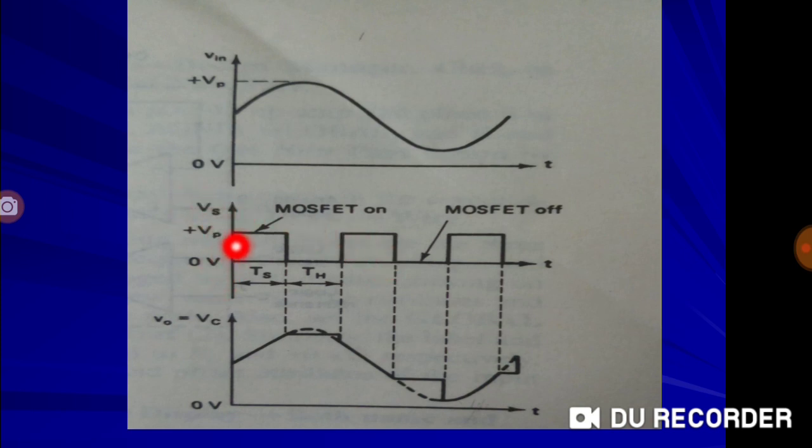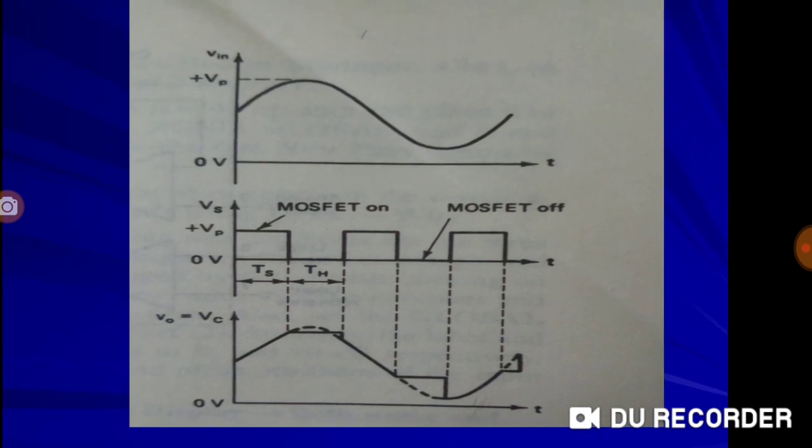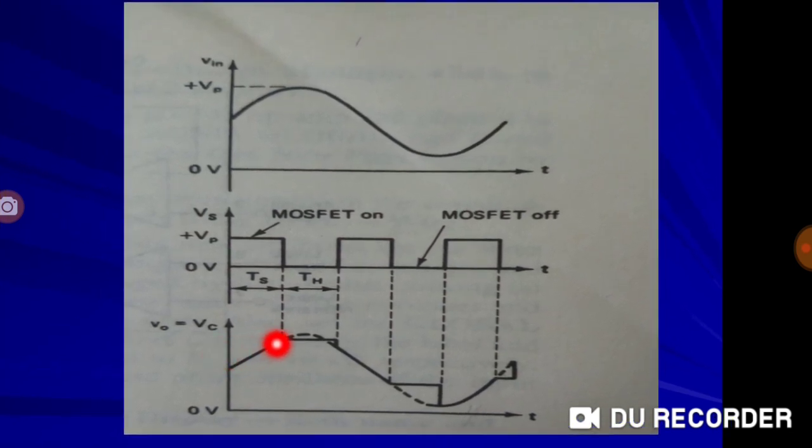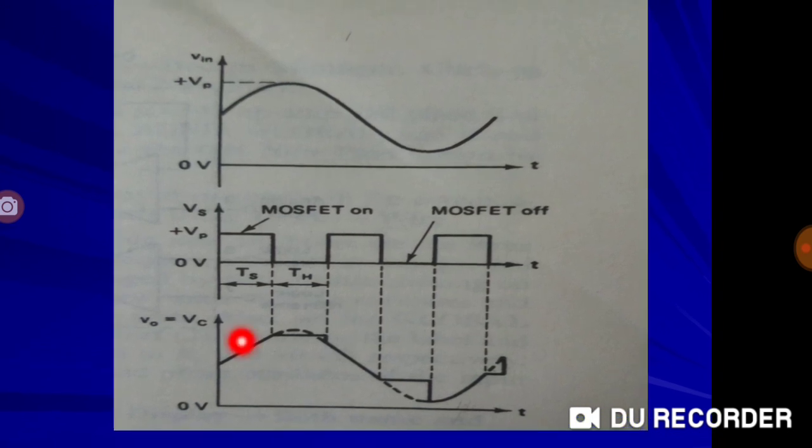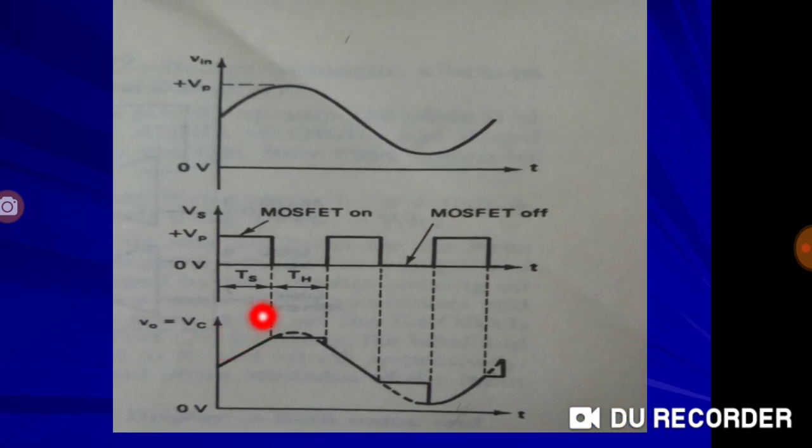Whenever the MOSFET is on, that is for the positive values of the control signal Vs, you can see that V0 is tracing the values of the input signal. The duration for which the voltage across the capacitor is equal to the input signal is Ts, that is the sample period.